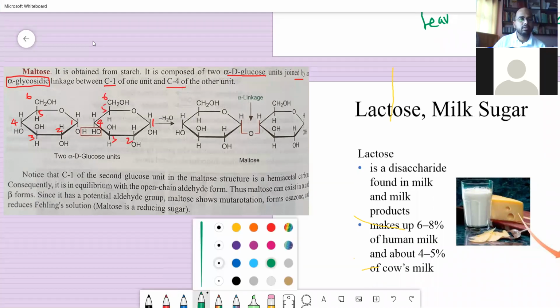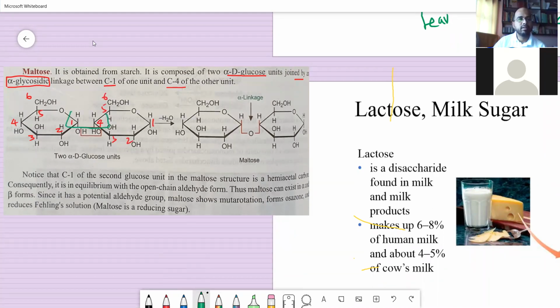Now this 1 and 4 have joined together, minus H2O, and this is what you get. In some books it will be written like this.